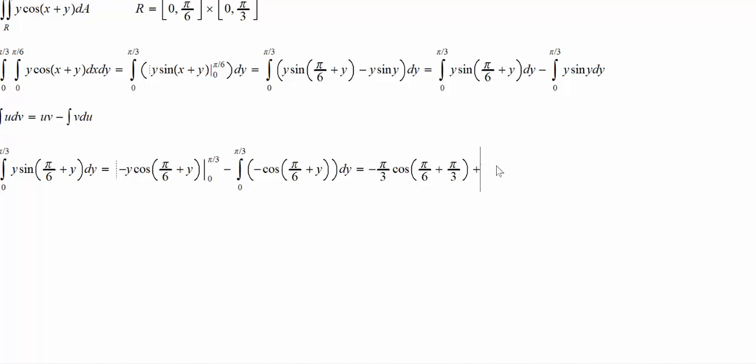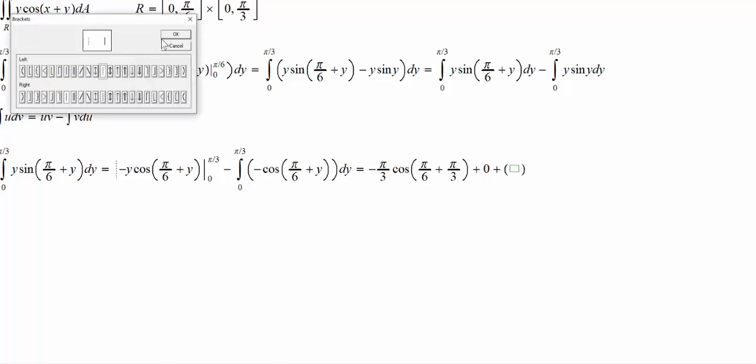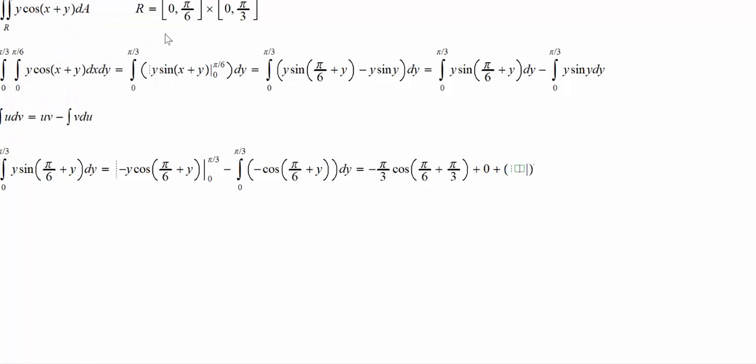Now we have negative and negative becoming positive here. And then this antiderivative is what? That is simply sine of pi over 6 plus y, right? So we got sine of pi over 6 plus y, right?